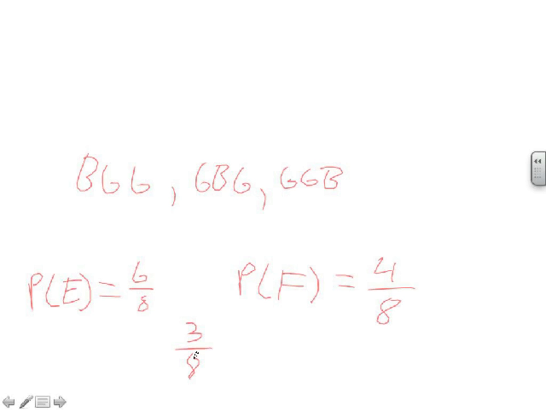we can see that their union, once again 3/8, equals each of the individual probabilities multiplied together.